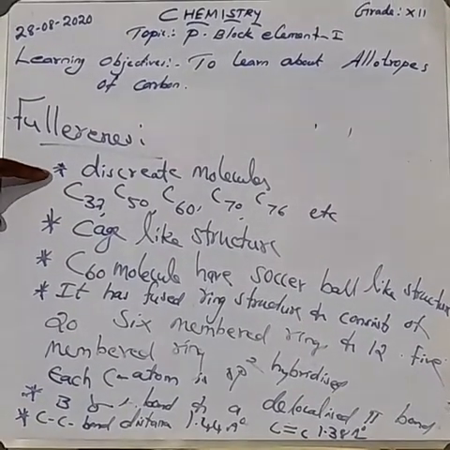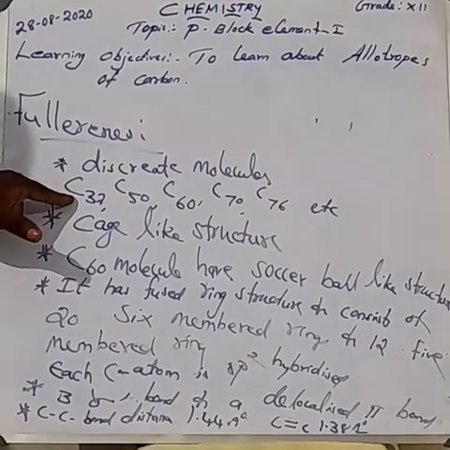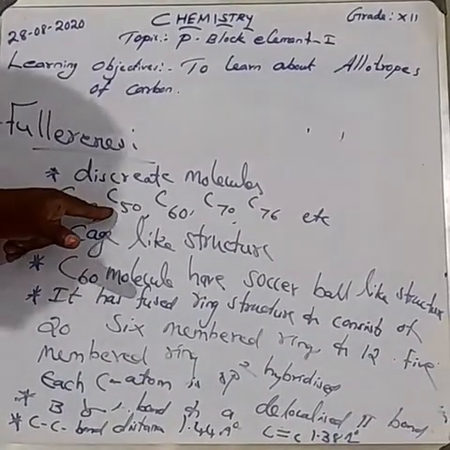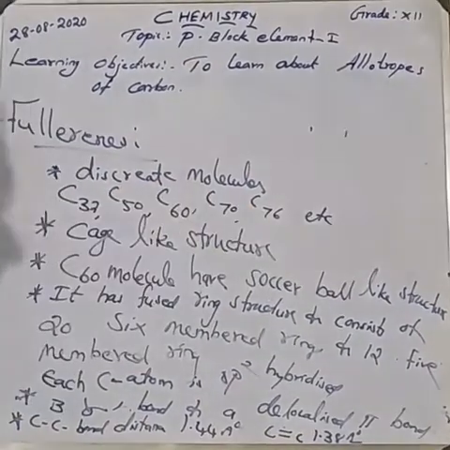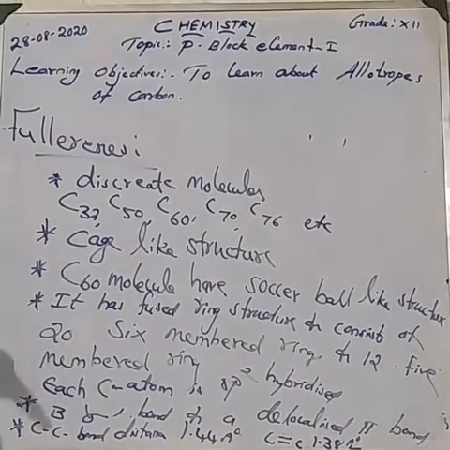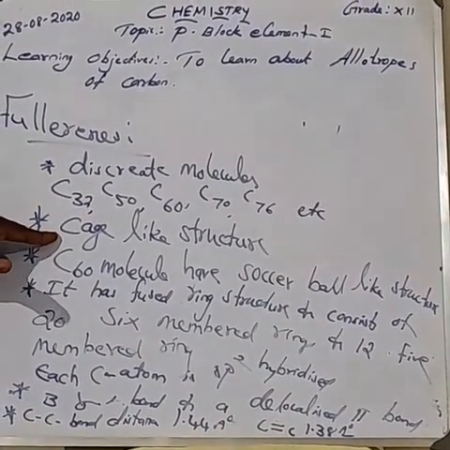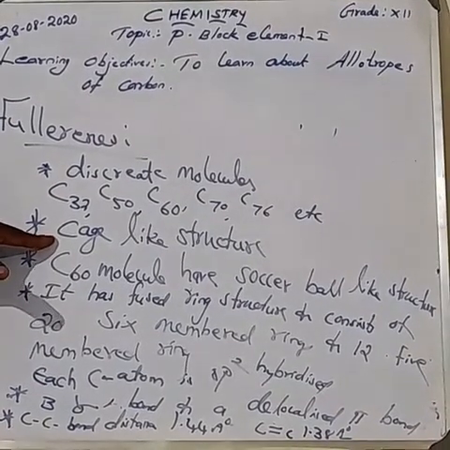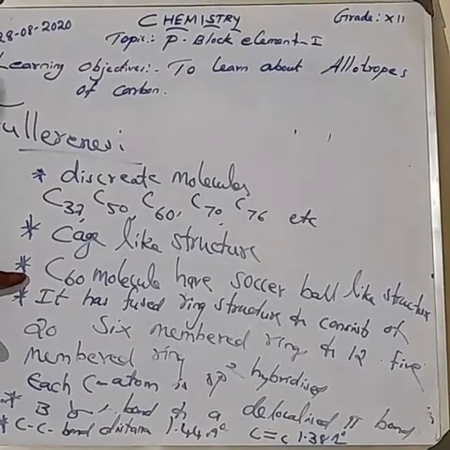They are discrete molecules such as carbon 32, carbon 50, carbon 60, carbon 70, carbon 76, etc. It has a cage-like structure. Carbon 60 molecules have a soccer ball-like structure.